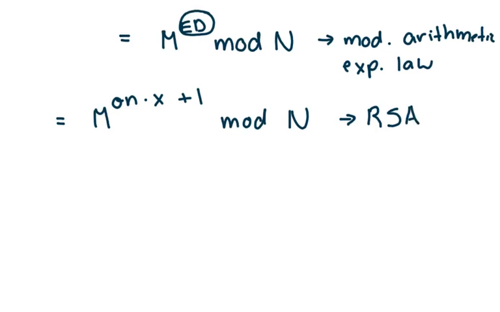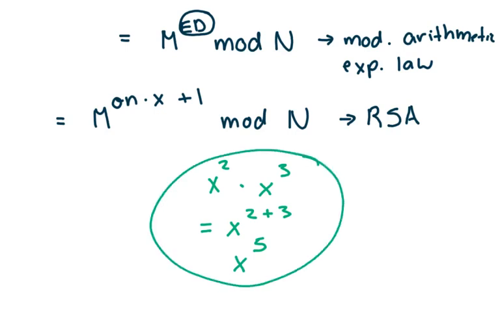Okay, and from our days in algebra, we know that some number x squared times x cubed is equal to x squared plus 3 power, or simply x to the 5th power. We can use that same principle here.